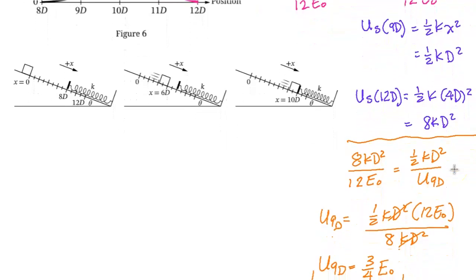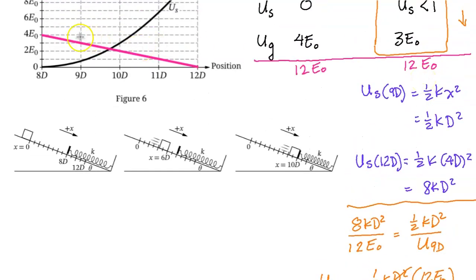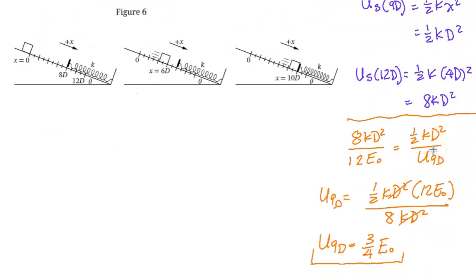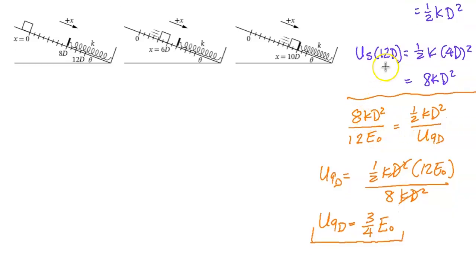And we're going to set up some ratios to solve for the spring potential energy at 9D, because even though I have this value here, it's not in terms of E naught. And notice the graph is in terms of E naught. So at position 12D, I know that the spring has 12 E naught amount of energy.